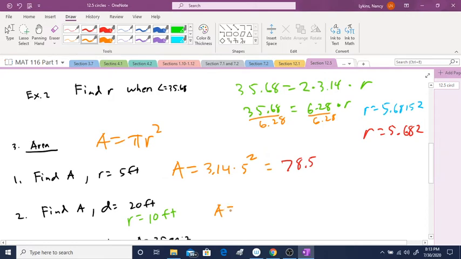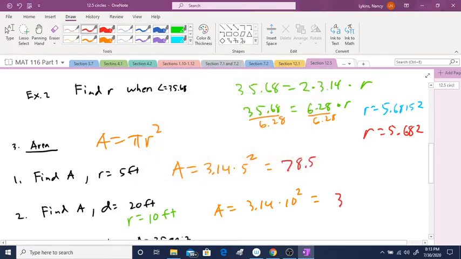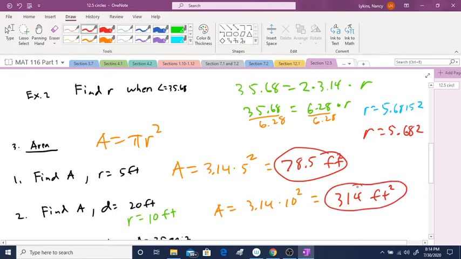So then I say area equals 3.14 times 10 squared, which comes out to be 314, and it's going to be feet squared. In the first example I needed to put in feet. Should have put in feet squared on that one.